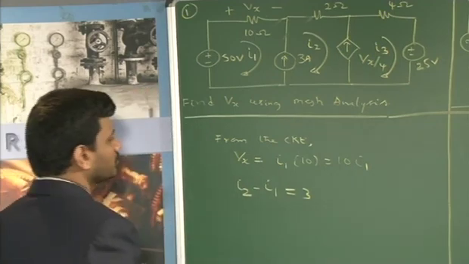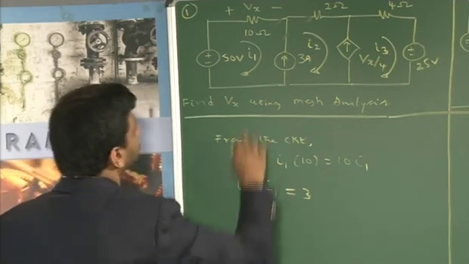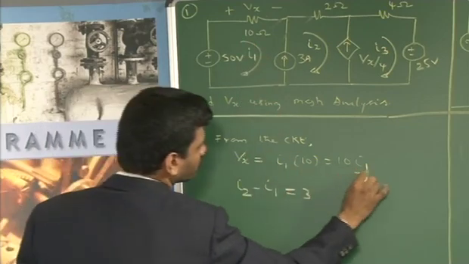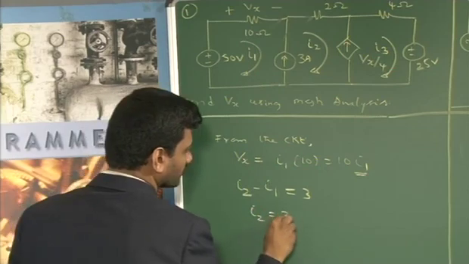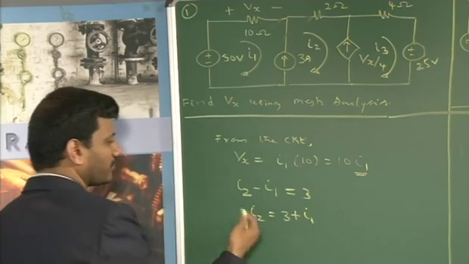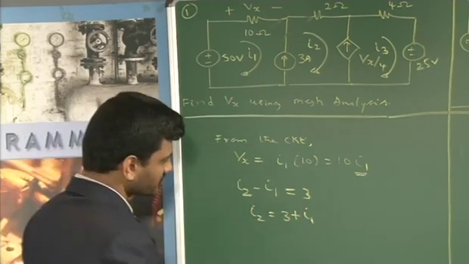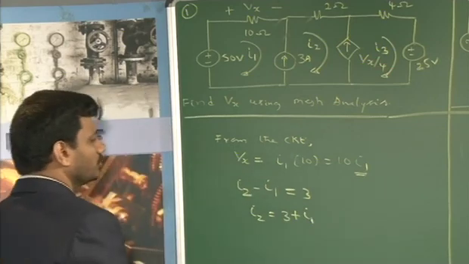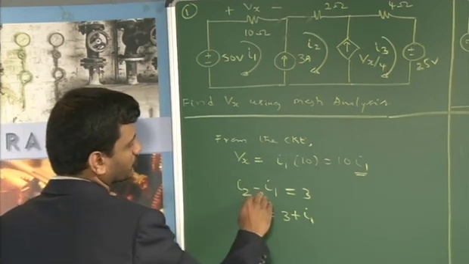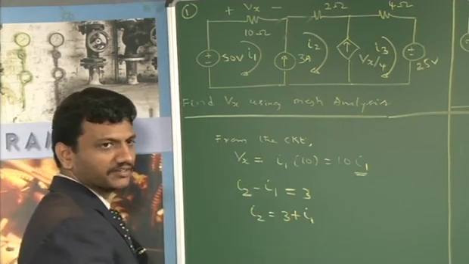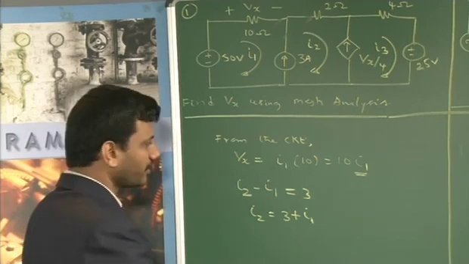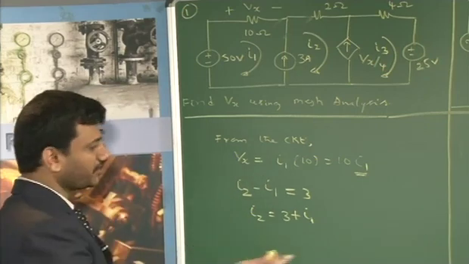And now, our main objective is to find I1. So, we will write I2 in terms of I1, so that wherever we find I2 we will substitute 3 plus I1. You may also write I1 in terms of I2, but then while finding the response values, first you will find I2, then use this relation to find I1.